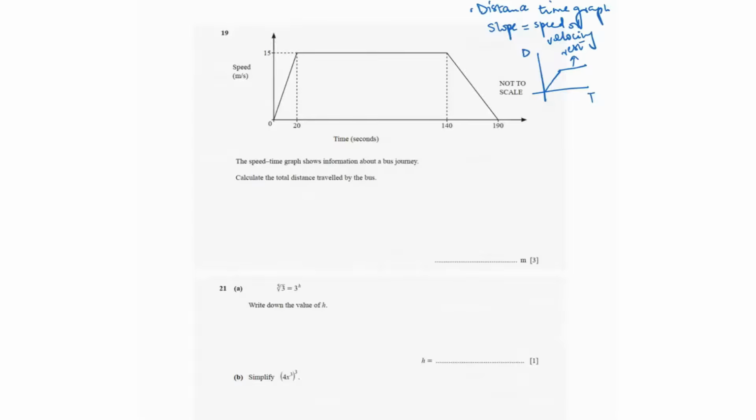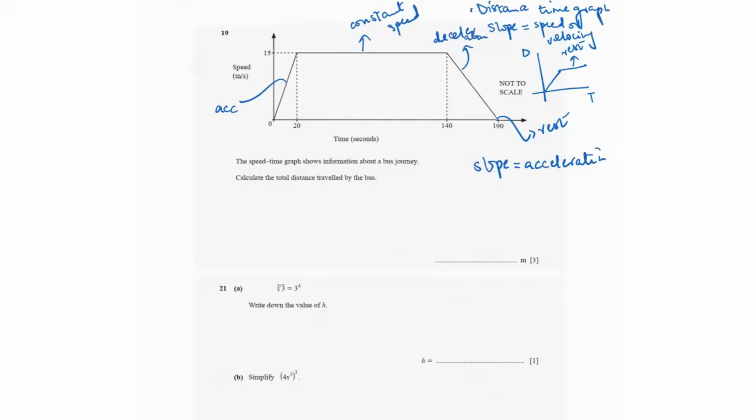Whereas in a speed time graph, a straight horizontal line is constant speed. When the speed is 0, that means rest. For a speed time graph, your slope is acceleration. So when the speed is increasing, it's acceleration. When it's decreasing, it's deceleration.